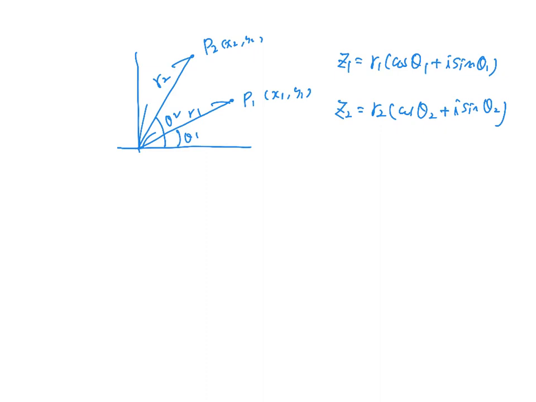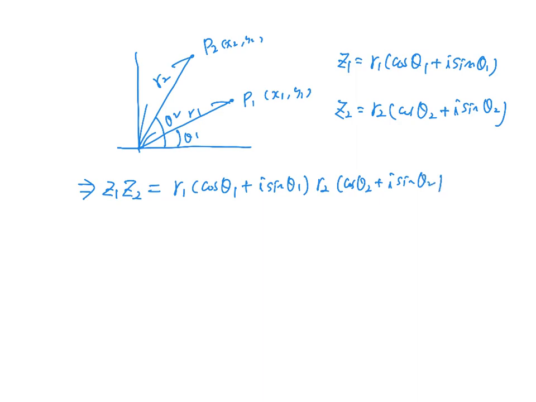So if we multiply them together, what happens? z1 z2 is r1 (cosine theta 1 + i sine theta 1) r2 (cosine theta 2 + i sine theta 2), which is r1 r2 times... let's multiply them together.